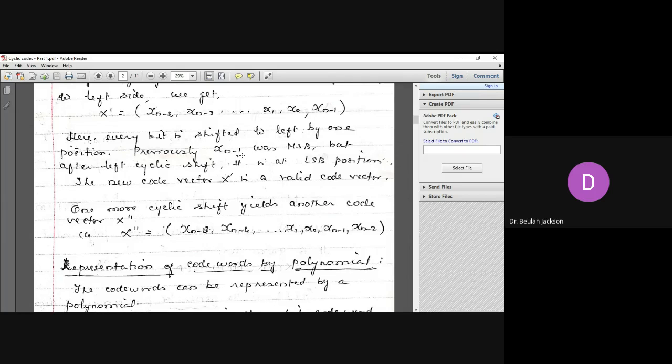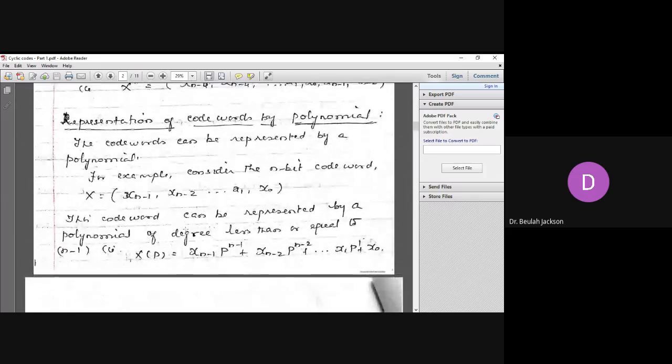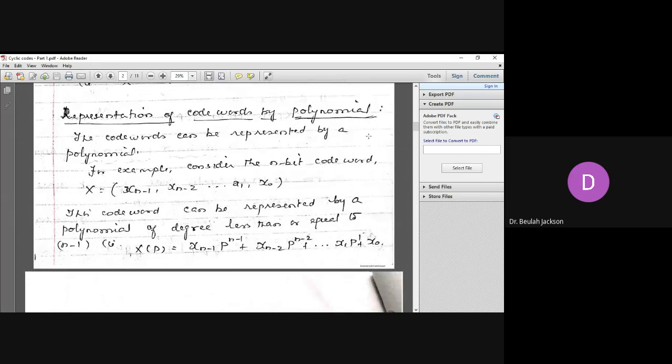So previously xn minus 1 was MSB. Now after left cyclic shift, it is at the LSB position. So similarly, we can shift the bits either by 2-bit position or 3-bit position, so that you will get a new code word.